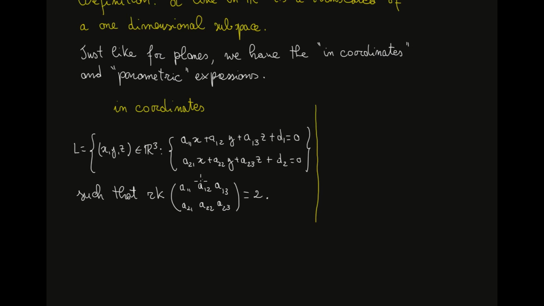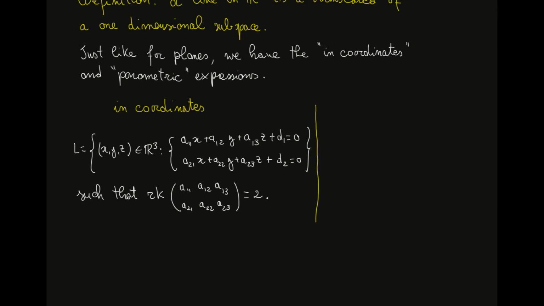And this means that the planes are not parallel. So this condition is equivalent to the fact that the planes are not parallel. Therefore, by the RC theorem, the dimension of the solutions of this system of linear equations must be 1.